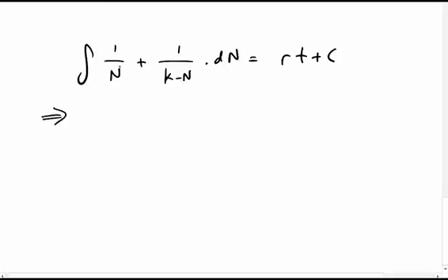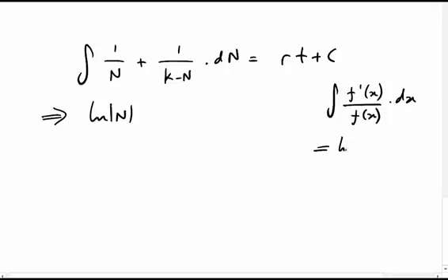So this is 1 over n integrated with respect to n. Well, that's the natural logarithm of n. And then this thing here is almost the natural logarithm, because I've just got a constant here, except for this minus. You remember that the integral of the derivative of a function over the function, with respect to x, is just the logarithm of the function. That's the general rule. Well, this is almost that, except that the derivative of my denominator with respect to n would be minus 1, and I've only got a 1 on the top.